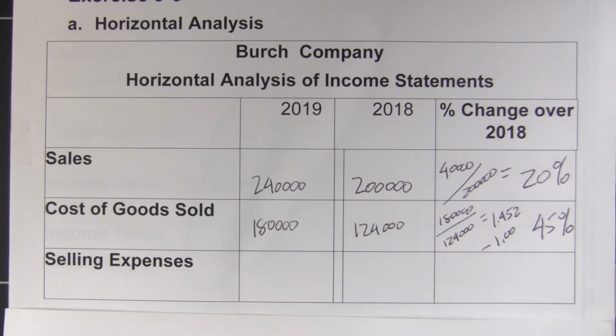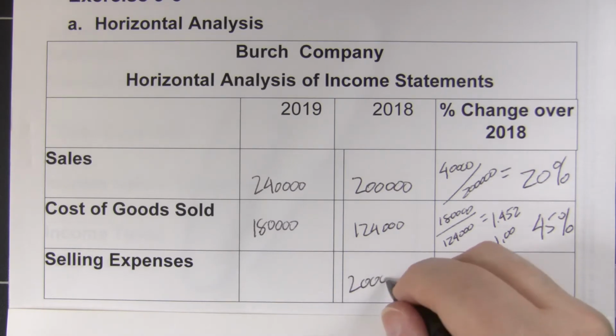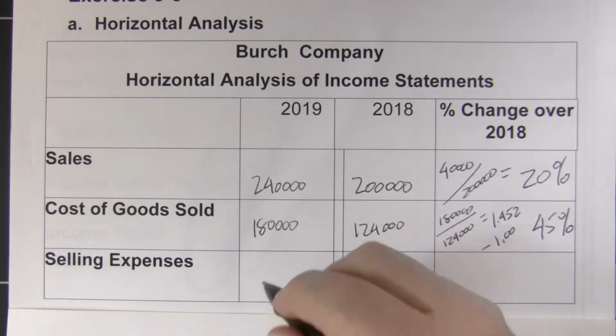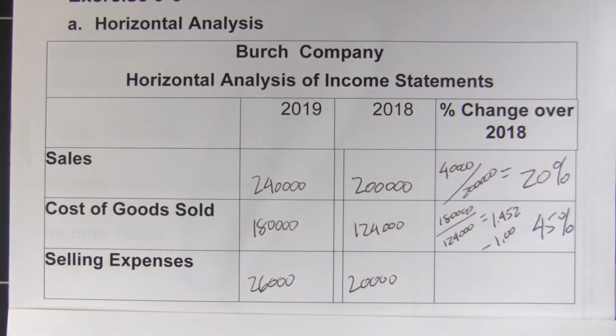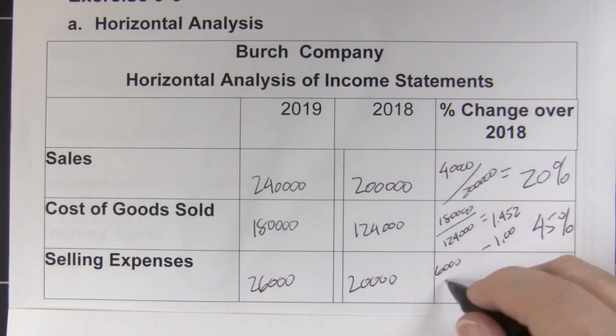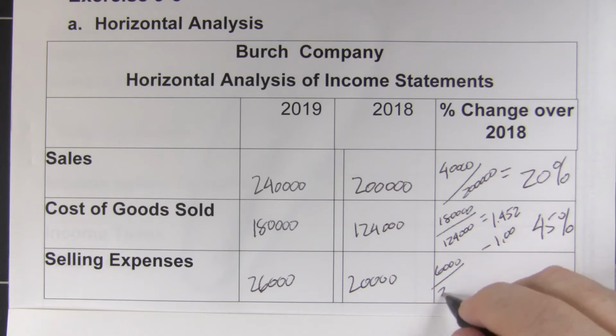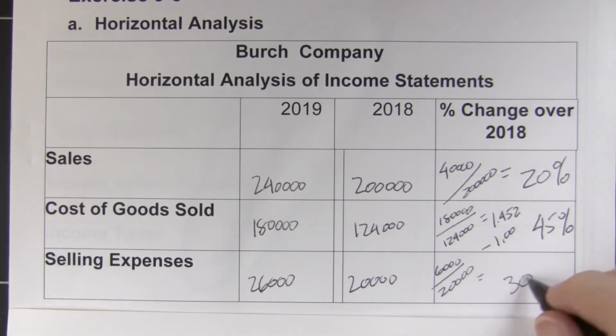We either take the change, the selling expense last year was 20,000. This year the selling expense was 26,000. Take the difference, 6,000, divide by 20,000, you come up with 30%. Up with 0.30, that's 30%.